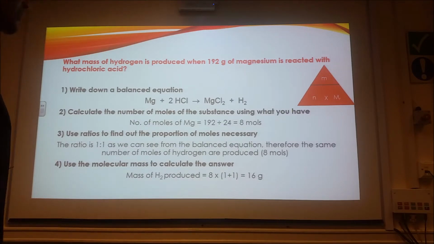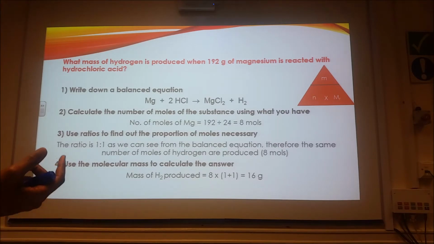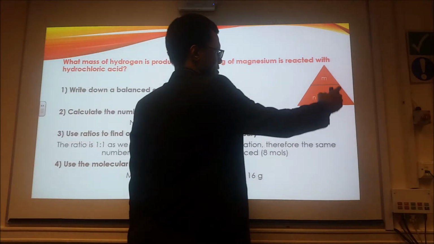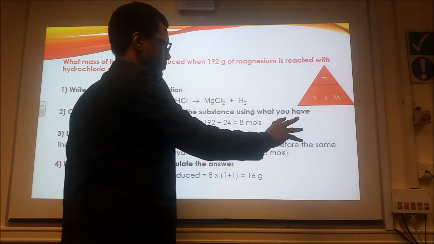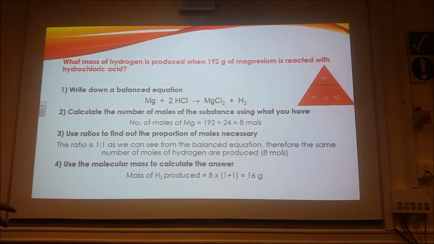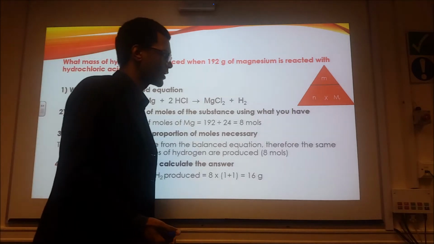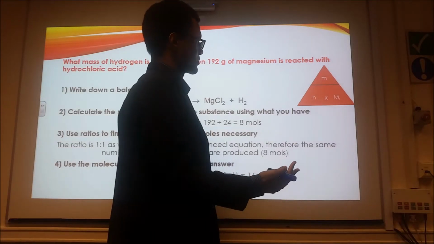Now, the idea here, first of all, is to identify what it is we are actually looking for and identify what it is we've got that we can put into this triangle so that we can actually use it. So we know for a formula triangle to work, we require 2 things.